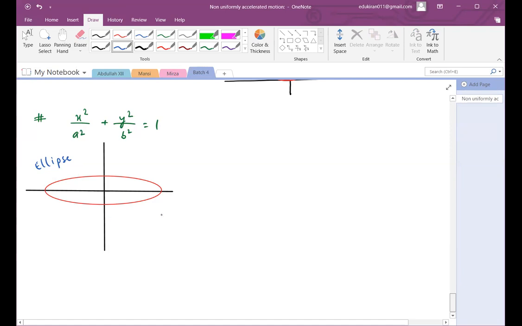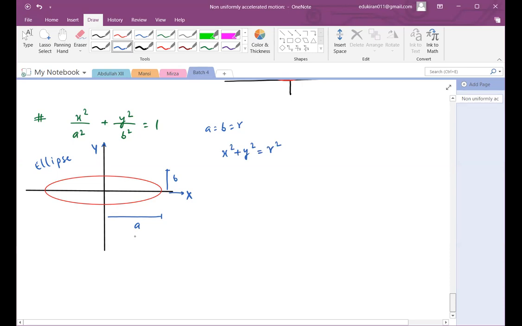From this point to this point is termed as A, and from this point to this point is termed as B. This is Y and this is X. Now suppose A and B are equal, which is equal to R. So this expression will become x squared plus y squared is equal to r squared.